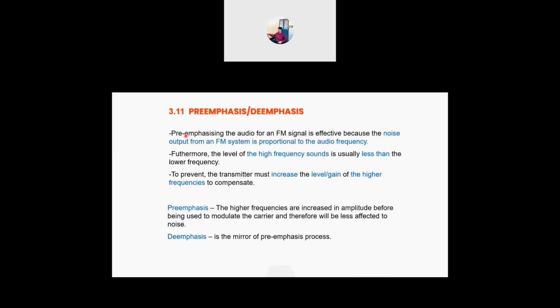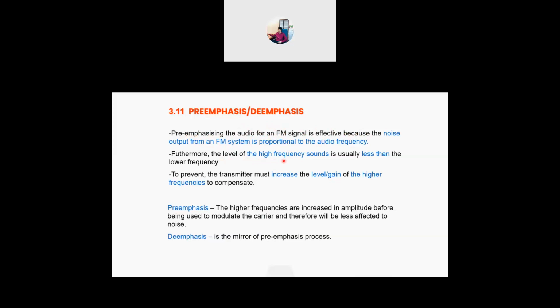So this is at the transmitter side, and the output is proportional to this audio frequency.